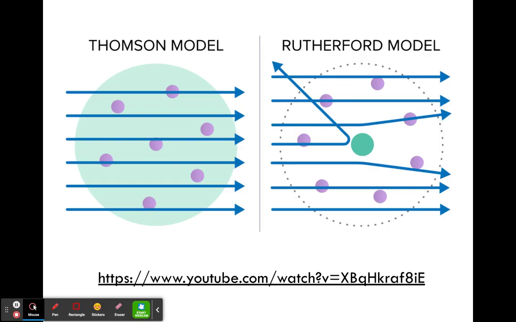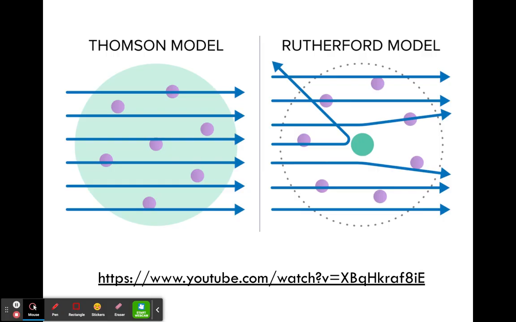And this large, dense part had to be positive because, again, he's shooting positive particles into the foil. And we know that positive charges repel. So this deflection must be due to a very dense, positively charged part of the atom. And that's what he called the nucleus.